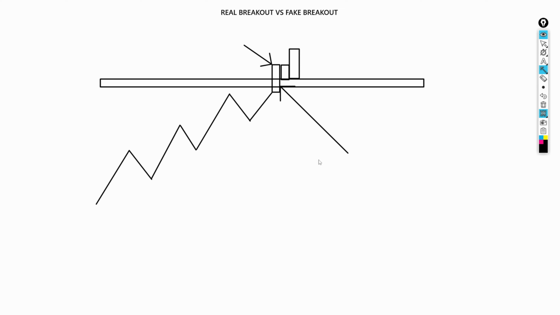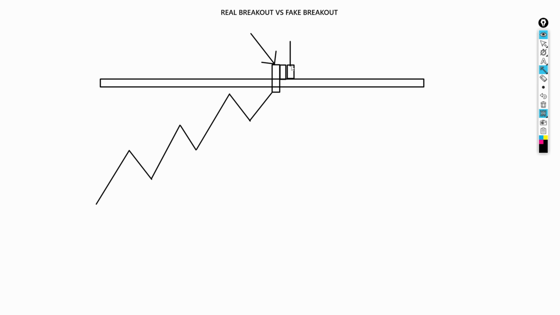Now when it comes to a fake out, what you will find is that the price will move here, it can reverse instantly, or it can move like this. It will go down, then it will come up, and then you will find a wick like that. But you won't find any real break from this particular high.